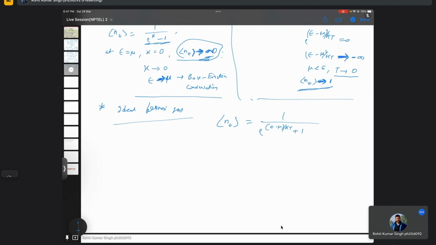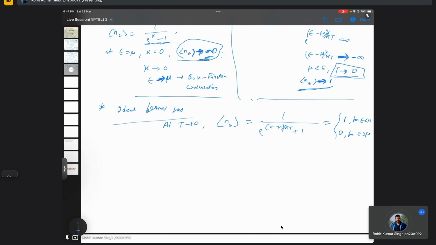Now if we take this condition of temperature tending toward 0, what will happen? We saw here that it will tend to 1 for energy less than mu, or 0 for energy greater than mu.